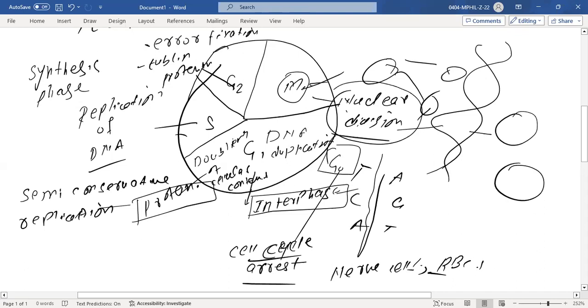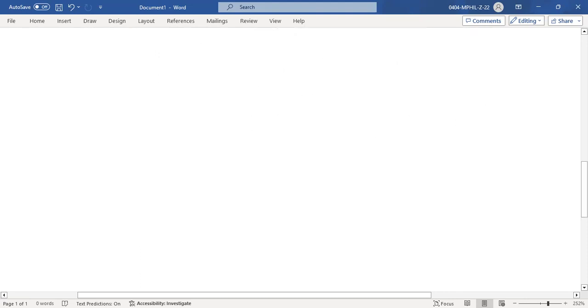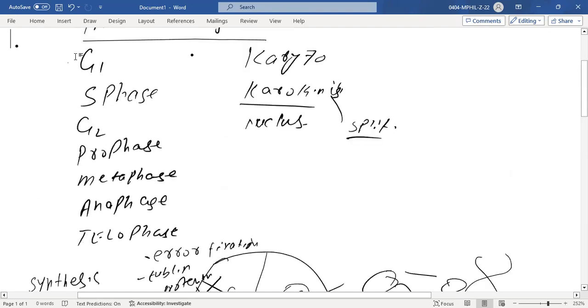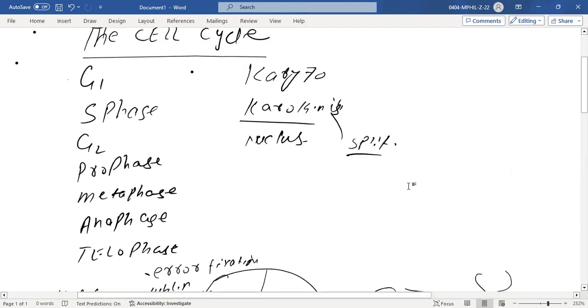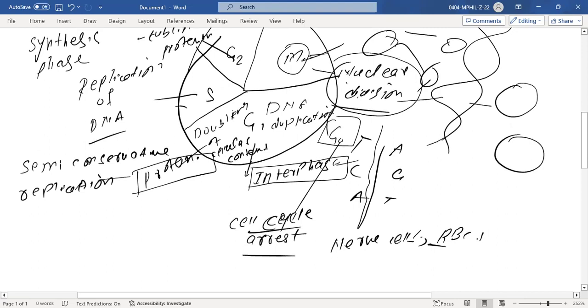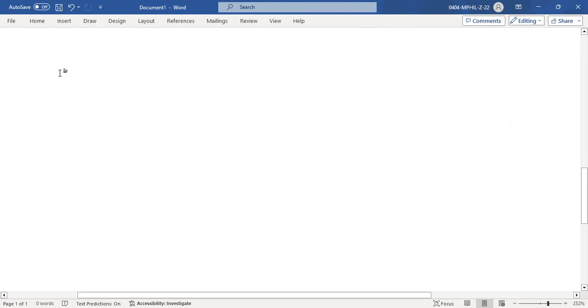So we can talk about one thing more in order to make this more crystal clear. For instance, you have another thing. For example, you have G1.